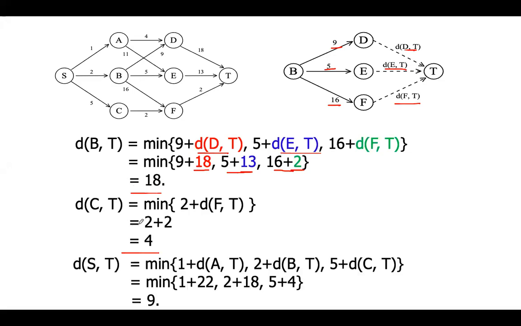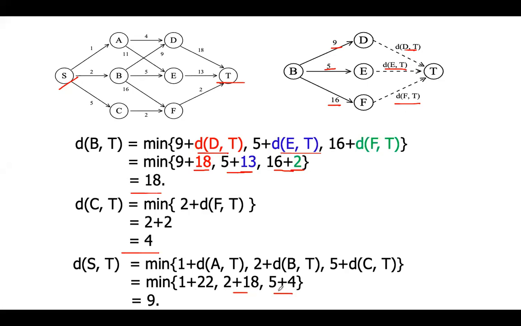Now, finally, we have to calculate the distance of S to T. This is the final thing which you need to calculate. S to T is 1 plus A to T, that is 1 plus 22; 2 plus B to T, that is 2 plus 18; and 5 plus C to T, that is 5 plus 4.